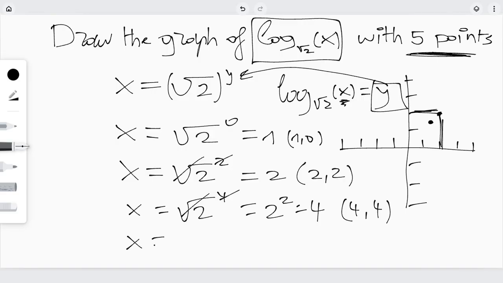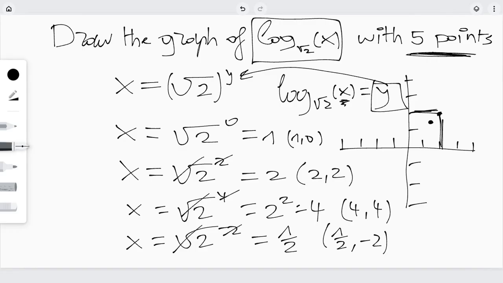And then a fourth point, square root of 2 to the negative 2. Now you could do to the 8th, but I don't know if it's pretty. So if we just say to the negative 2, well, then this also cancels, and we are left with 1/2. So it's 1/2 for x, negative 2 for y.